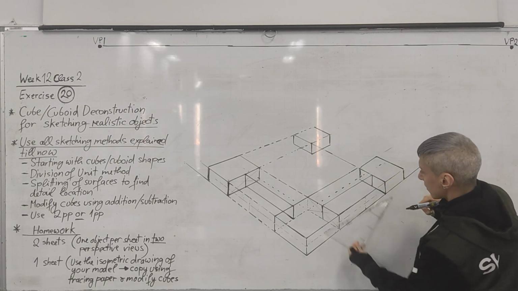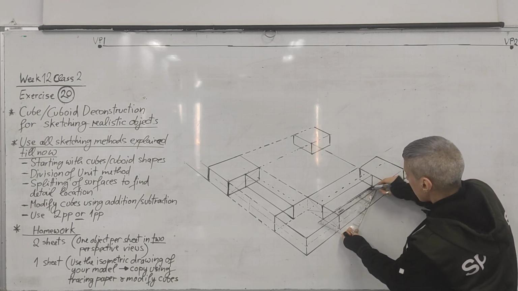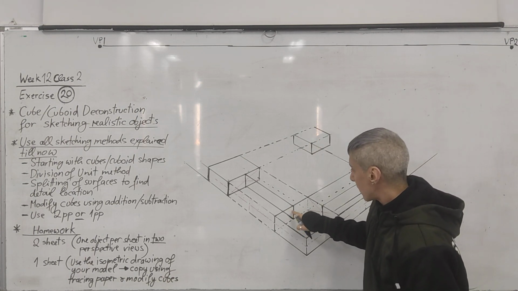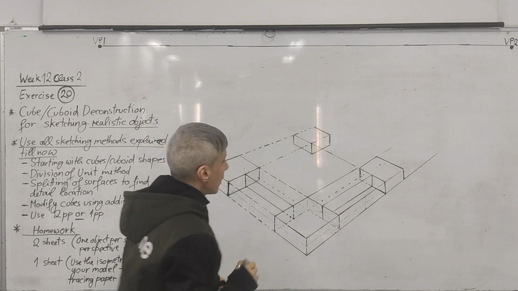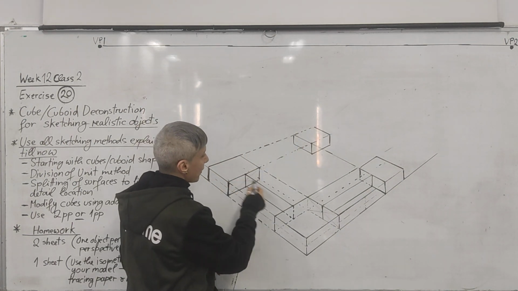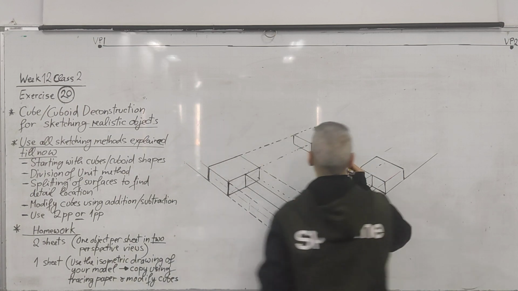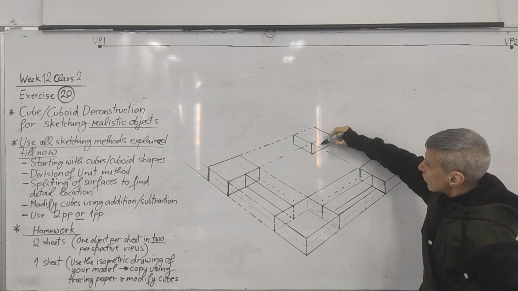So here down, okay. Now, I need to do the same thing here and to connect the midpoints. So, the same thing. So, where is here the midpoint? Here, here. So, it's here.